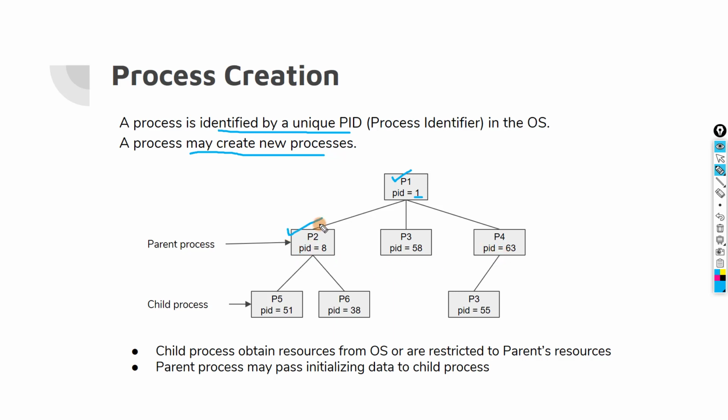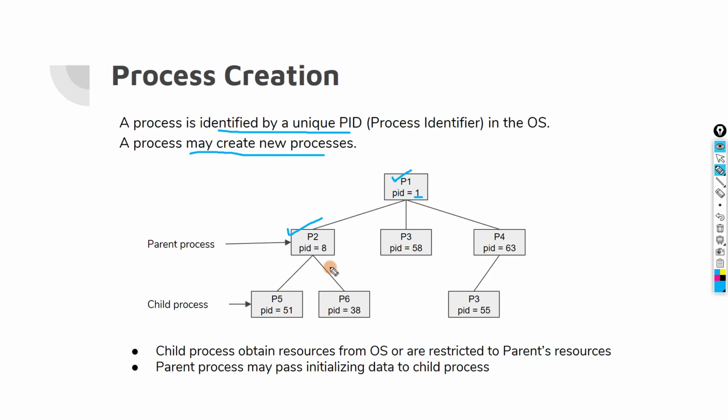These child processes may also create other child processes. In this way, all the processes in the operating system form a tree, and this tree is called the process tree in the operating system.